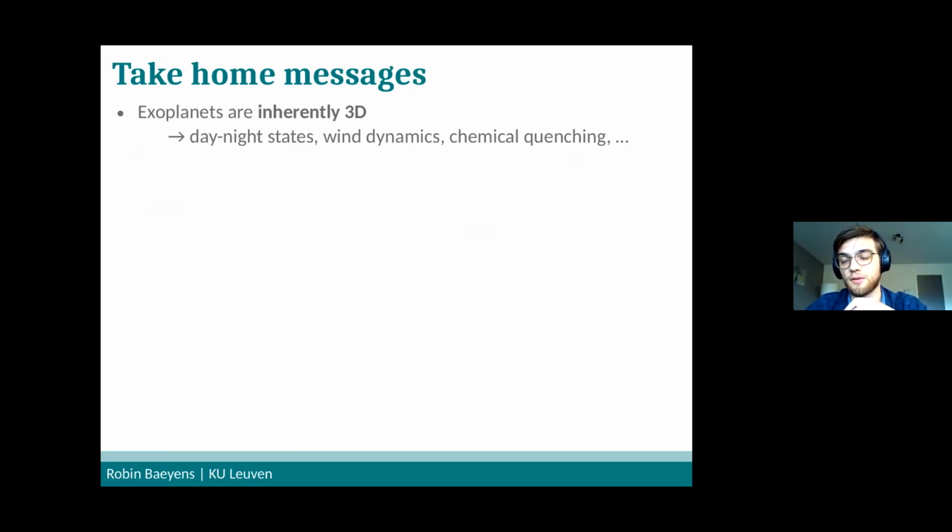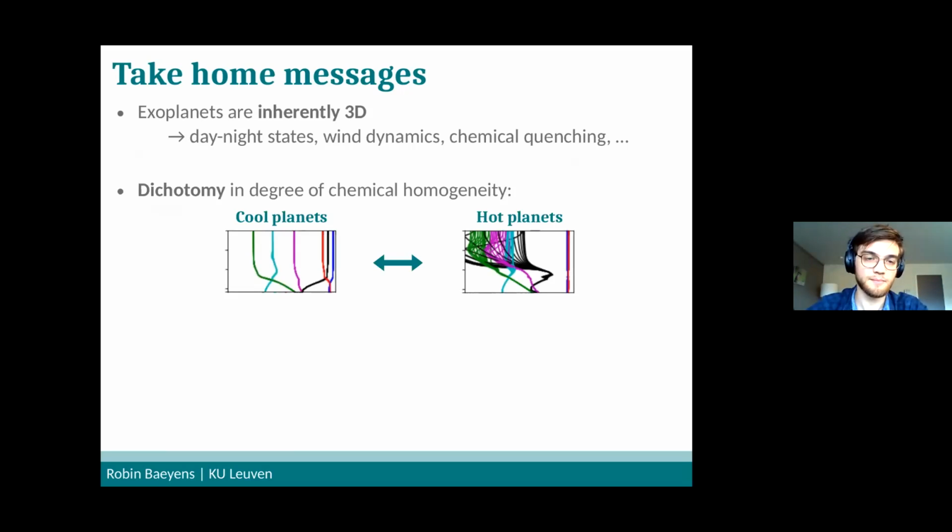the observables a lot. There seems to be a striking dichotomy in a degree of chemical homogeneity, where the cool planets tend to be chemically homogeneous, and the hot planets tend to show quite significant differences depending on the longitude where we are probing.